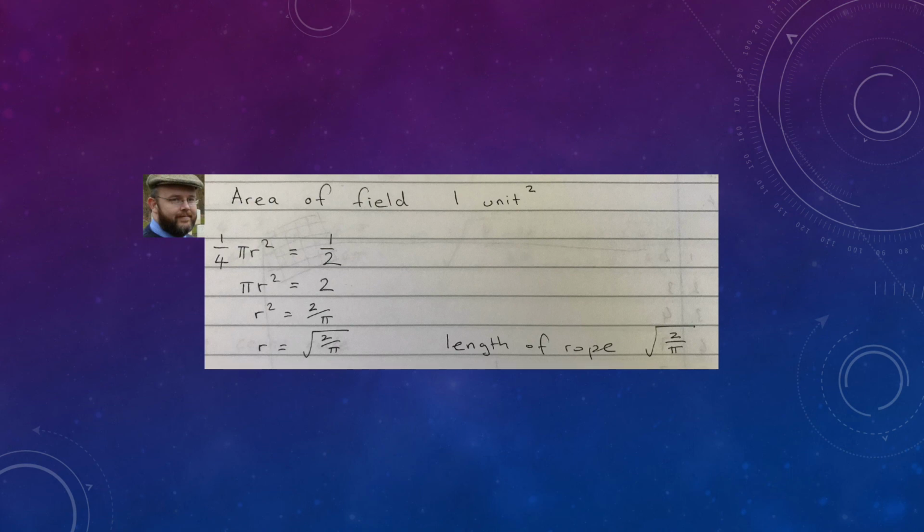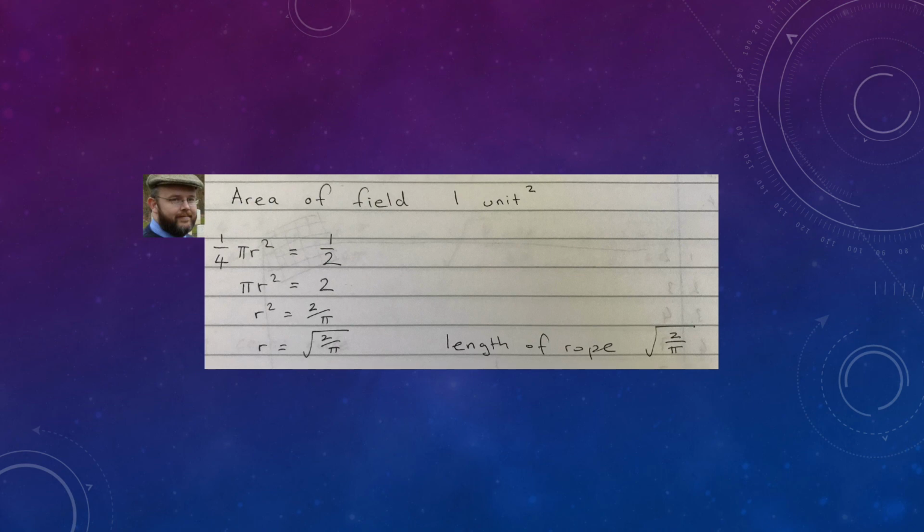Now the second part of the question is: explain why the area that both can reach is the same as the area neither can reach. So now we've got two horses on opposite diagonals of this field, and we have to explain why the area between them that is shared is equal to the area that neither can reach. Well, if we know that each quarter circle has an area of a half, we know that the combined areas of these two quarter circles should equal 1.